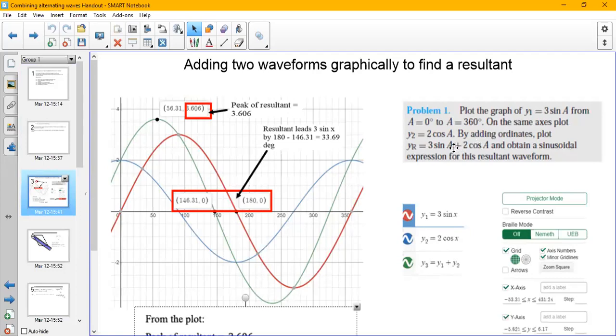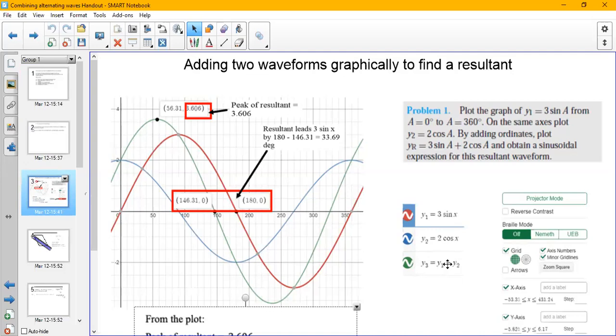On the same axis, y2 is 2 cos A. The red one is 3 sine X, the blue one is 2 cos X. Sine X and cos X are 90 degrees out of phase with each other. You can see the sine X crosses at 0 and the cosine is at peak when the angle is 0. Then I plotted the third graph, y3, which is those two functions added together. You can do that in Desmos.